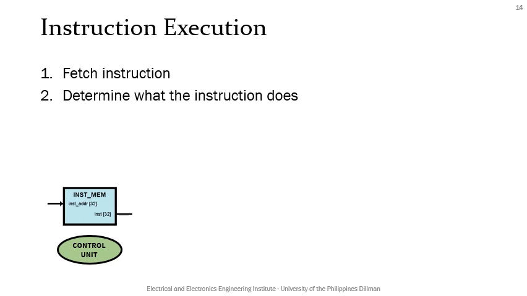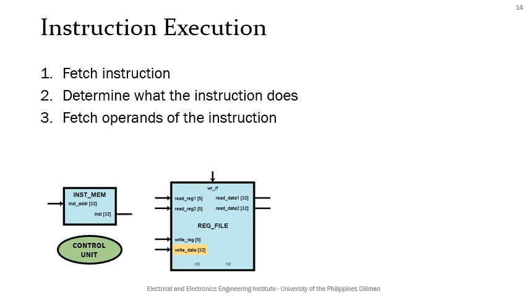Next, we need to identify the fetched instruction. Is it an addi, BEQ, load word, and so on? Identifying the instruction is done by the control unit and is necessary to identify the operands and the operation. The next step is to fetch the operands from the register file and possibly extract the immediate from the instruction code.